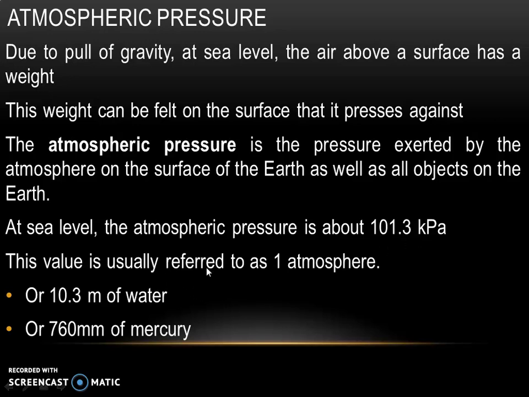This value is referred to as 1 atmosphere, or it can be written as 10.3 meter of water or 760 mm of mercury. That means atmospheric pressure can support a column of water of H equal to 10.3 m, or a column of mercury of H equal to 760 mm.